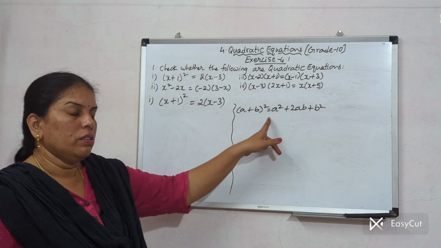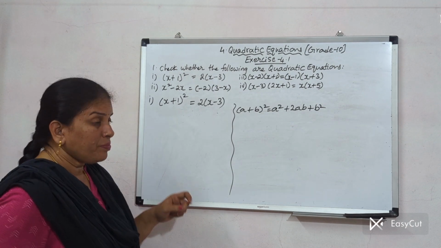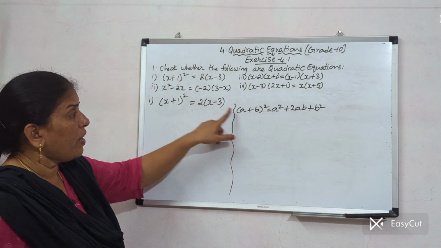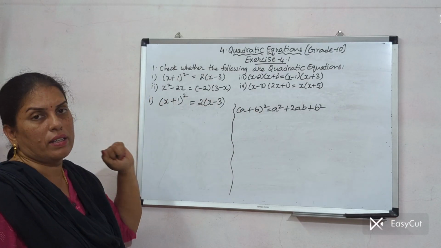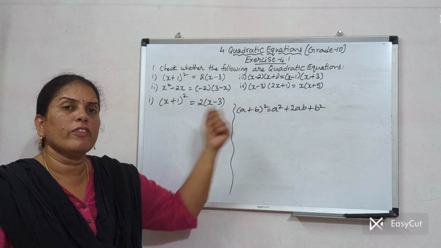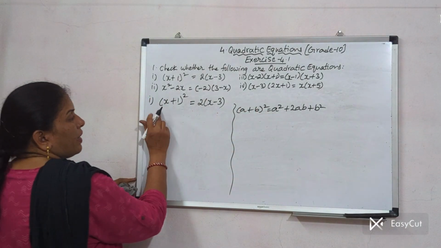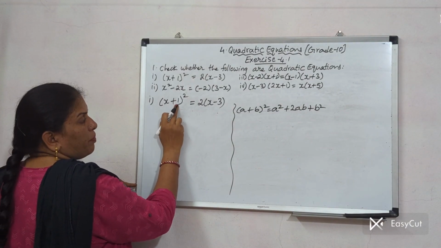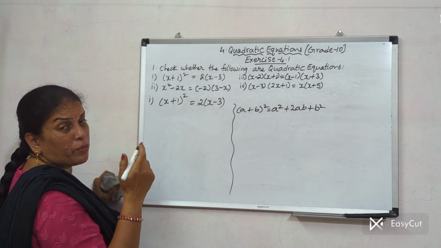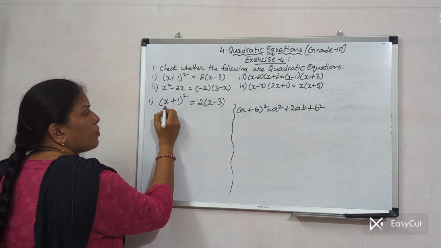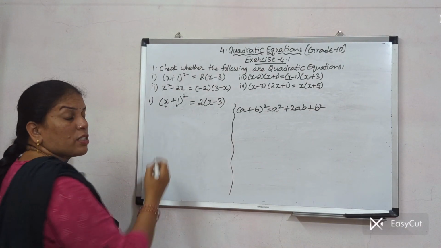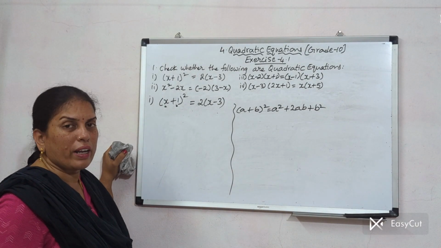You know this formula very well. In the place of a, what is there? x is there. In the place of b, what is there? 1 is there. Then apply the formula. Here a is equal to x, b is equal to 1. If you are confused, you can write with small letters with a pencil. Later you can rub it.